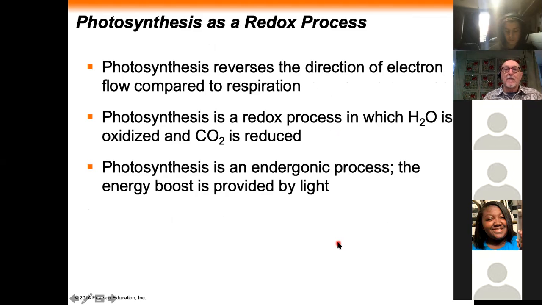Okay, so remember this, that the system of respiration was exergonic in the end. We ended up extracting energy from it. It's a catabolic process. Photosynthesis is very much an endergonic process. It actually uses a tremendous amount of energy.